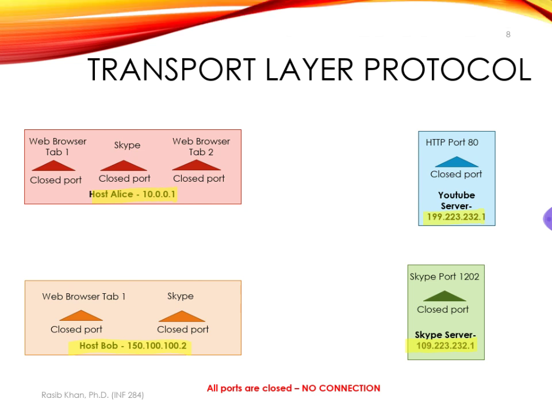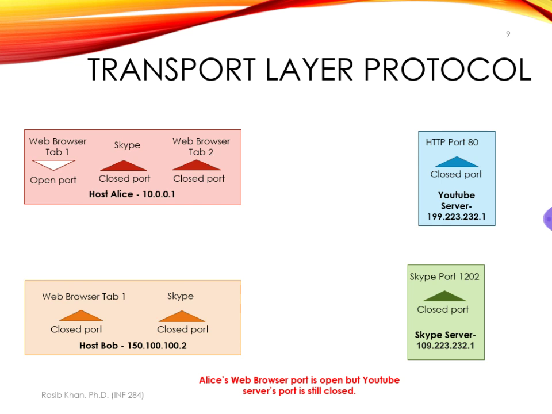So let's say the host Alice, the operating system, assigns and opens the port for a web browser tab. So every tab on the web browser opens a port, and the port is open on Alice's machine. However, it still is not able to send or receive any data because there are no other ports with which it can communicate.